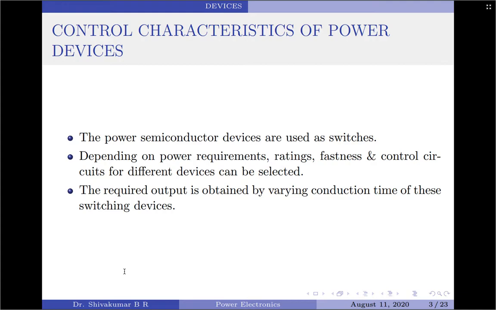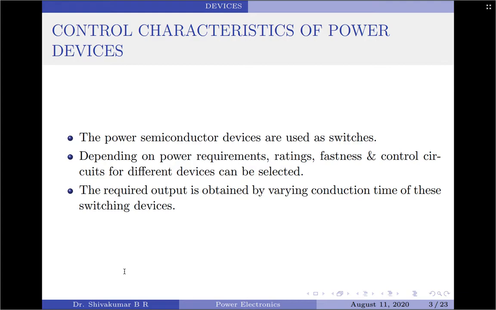Now, the required output is obtained by varying the conduction time of these switching devices. Please note, if you want to obtain a certain voltage at the output, you can attain the same by controlling the turn on or the on duration of the device by triggering the device at a value you would like to have.